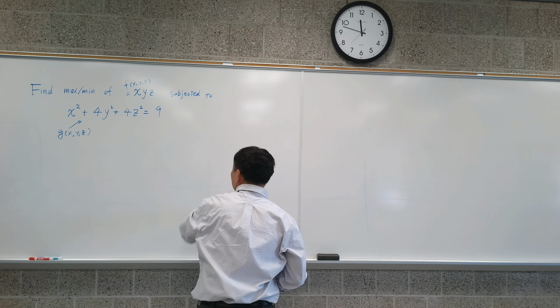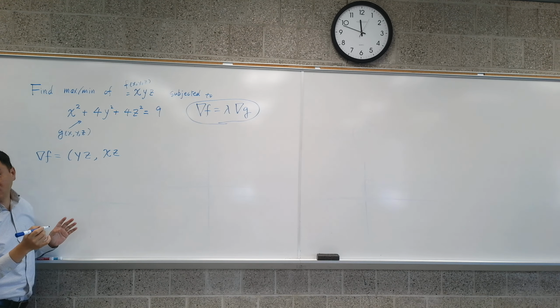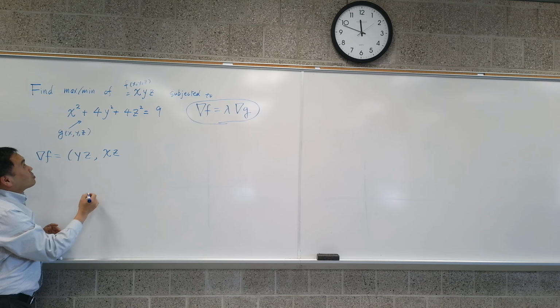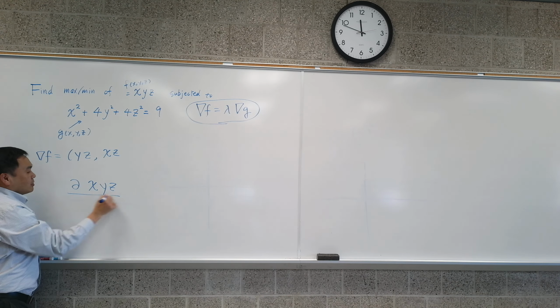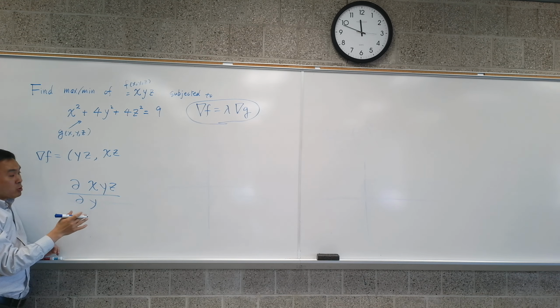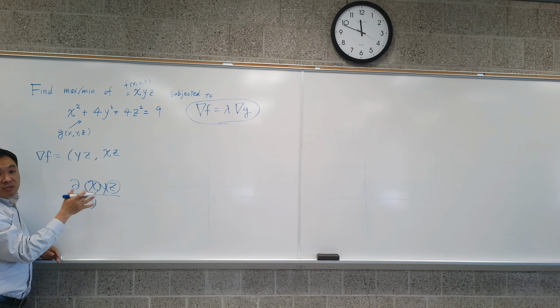Gradient of f will be differentiating this by x gives you yz, differentiating it by y gives you xz. Should I explain why you get xz? If you take the partial derivative of xyz with respect to y, x and z are considered constants.